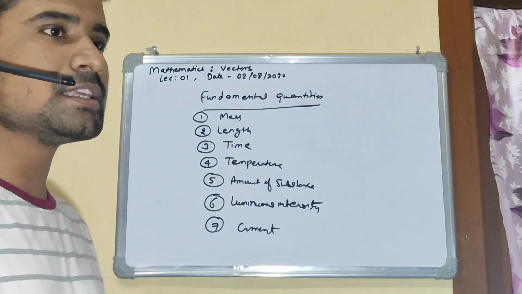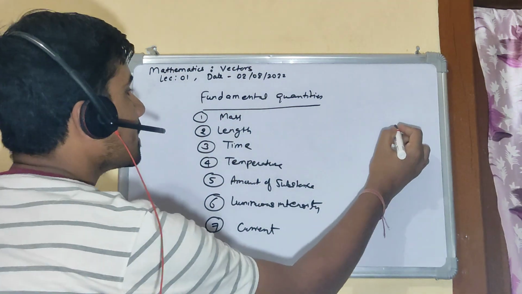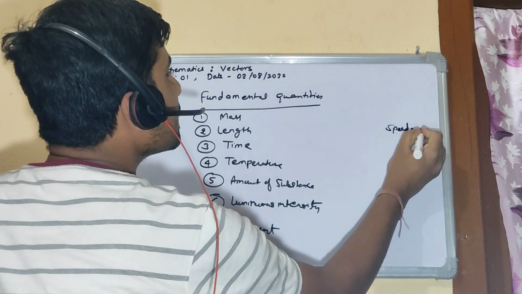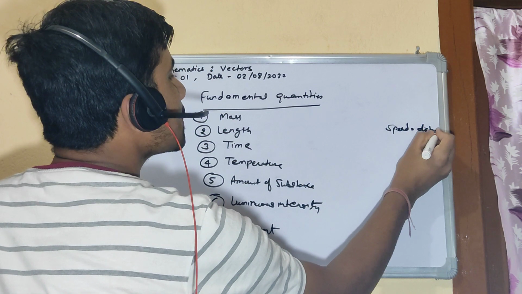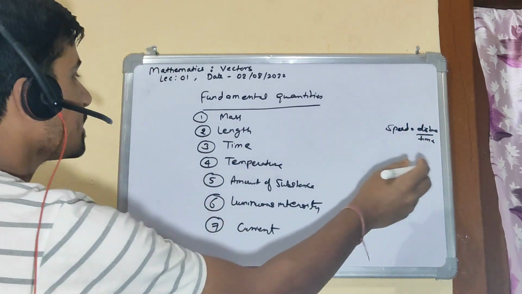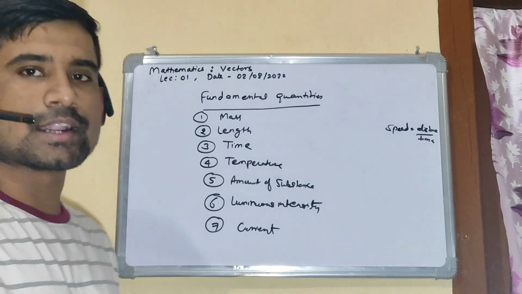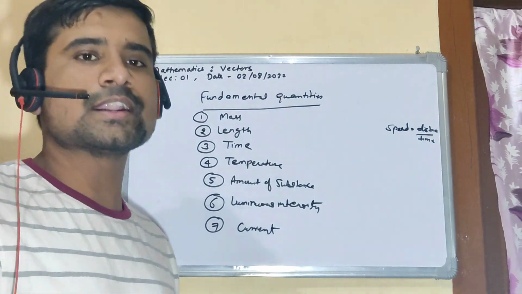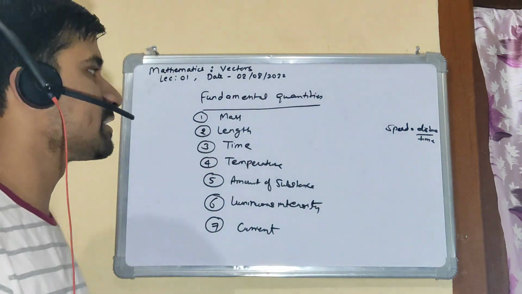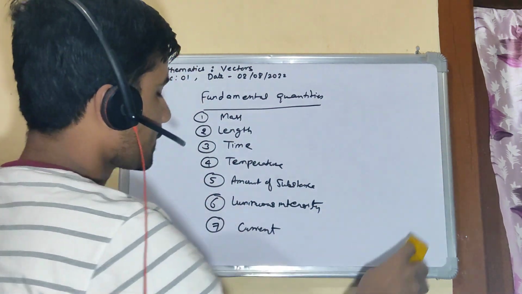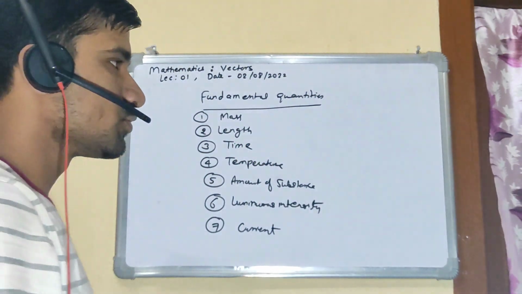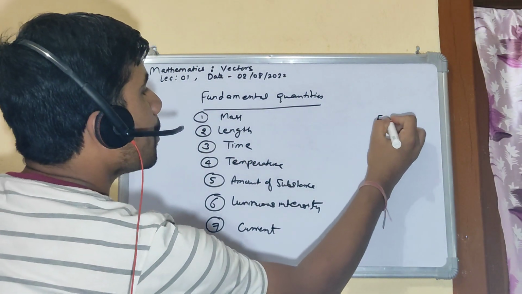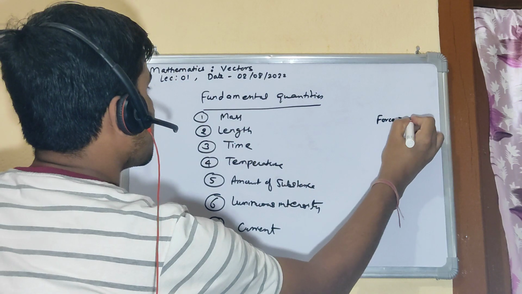Any other quantity in physics can be derived from these seven quantities, right? Like you would have seen speed is a quantity, but speed can be derived by distance by time, right? So distance and time, length and time, these two are fundamental quantities. Let me give you one more example. You would have studied in your junior standards that force equals mass into acceleration, right?